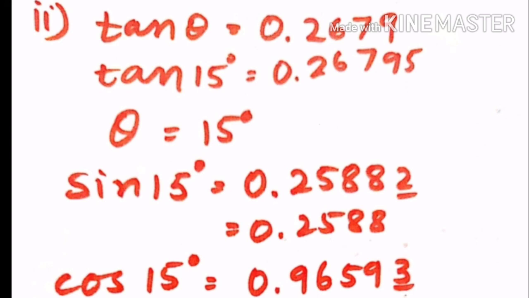0.25882 and rounding off by removing the 2, I get 0.2588. Now we also need cos 15 degree to get our value. So cos 15 degree also you have to see from your natural cosine table.